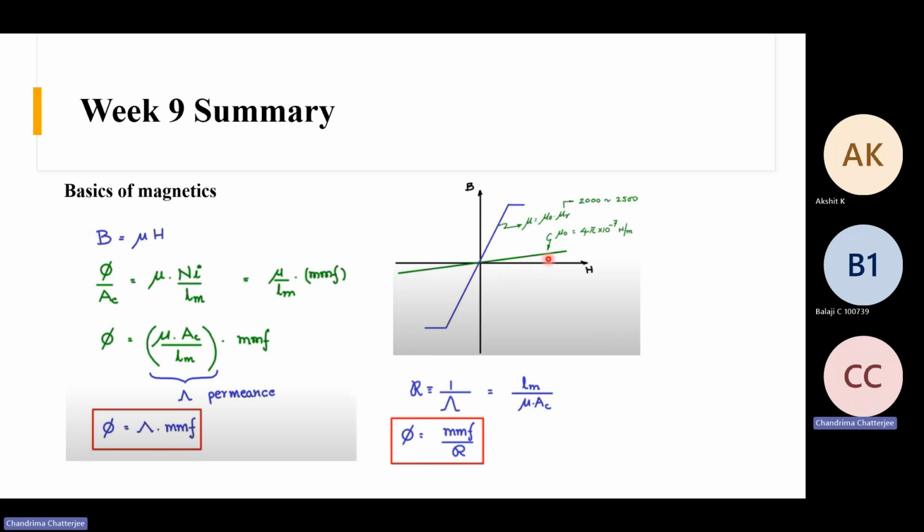Now you can increase the current till this point, because the slope has reduced. So half L I square is larger, and it can store more energy because you can go to more current. We will see how this is done. We can introduce some air gap, or use core materials whose mu is lesser. This way you can store more energy in the inductor.